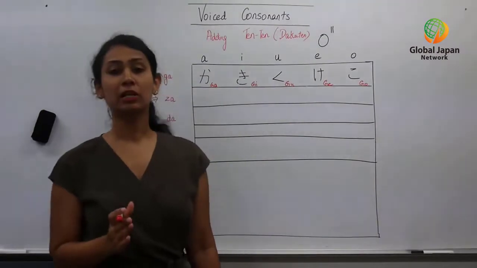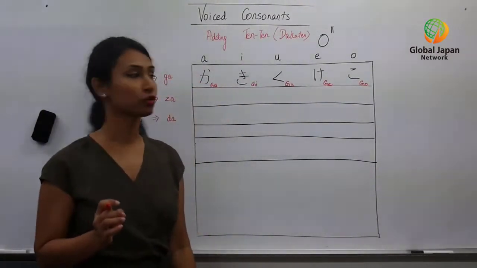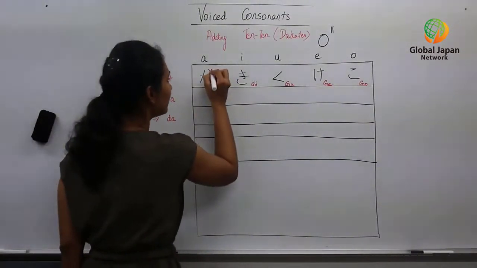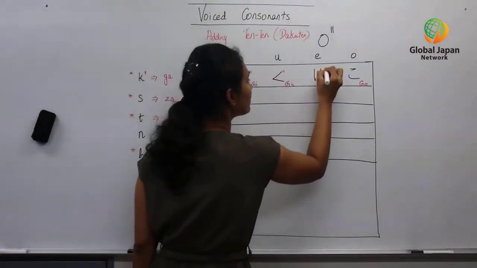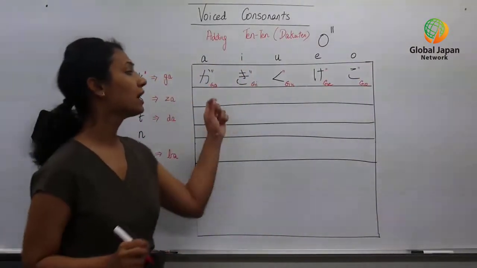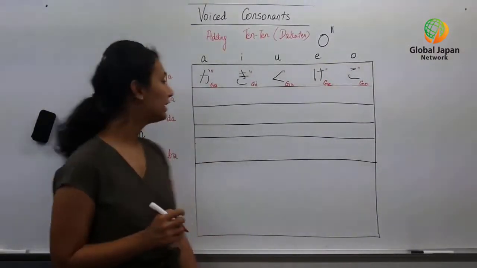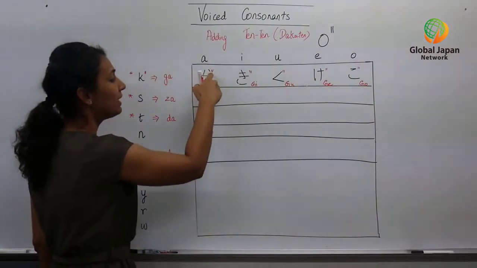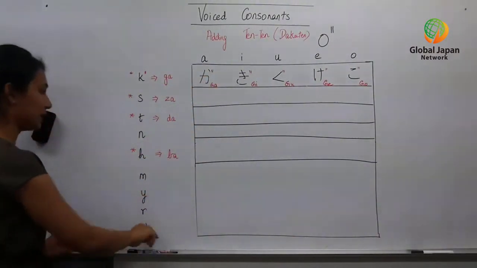It's simple to convert this character into ga. All you have to do is add the tenten to it. If I just add this tenten to the character, it becomes ga, gi, gu, ge, go. In the order of writing, you write the ka character first and end the writing with the tenten.